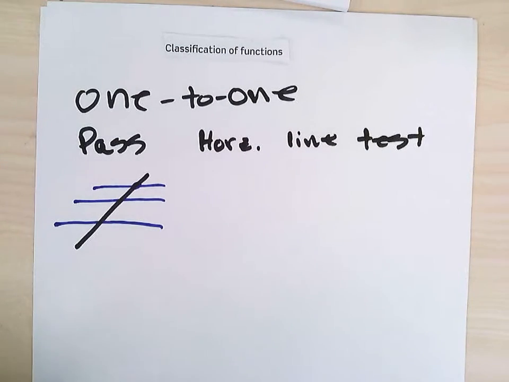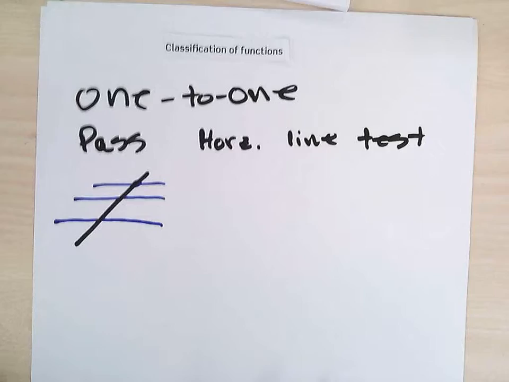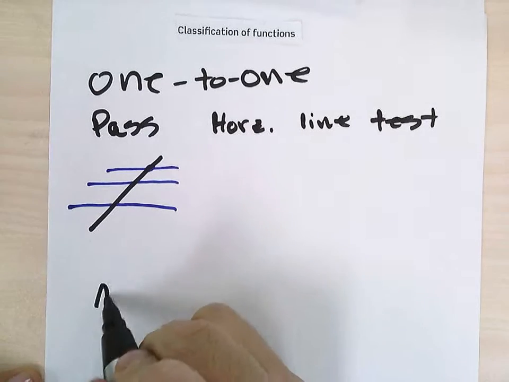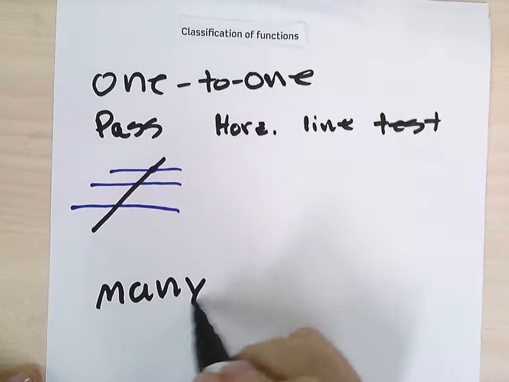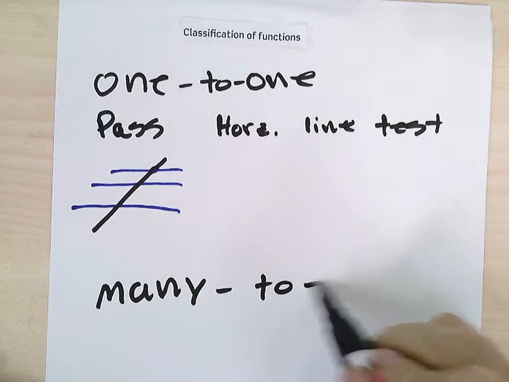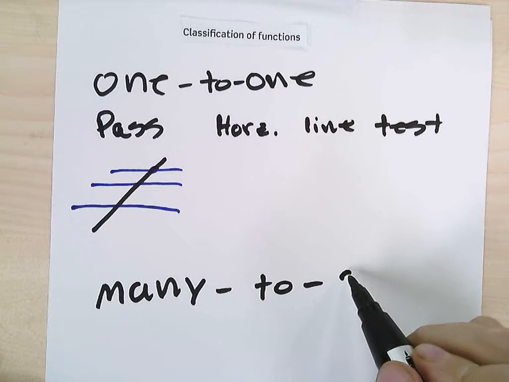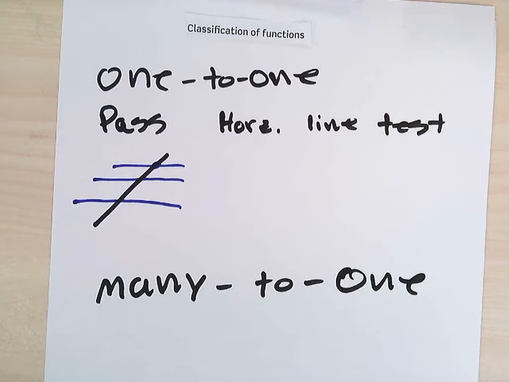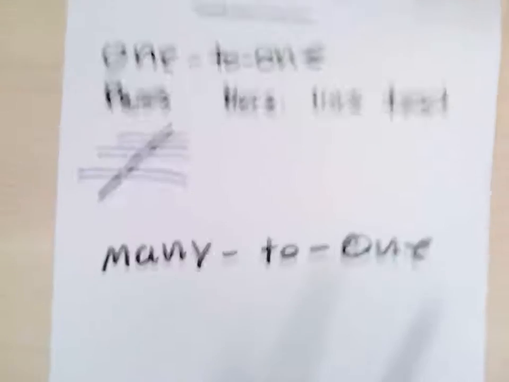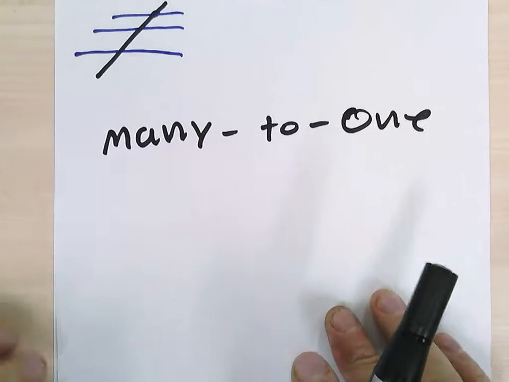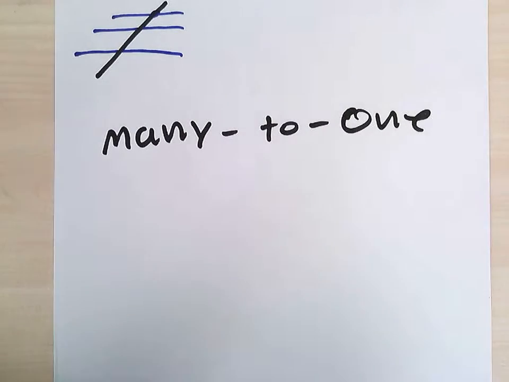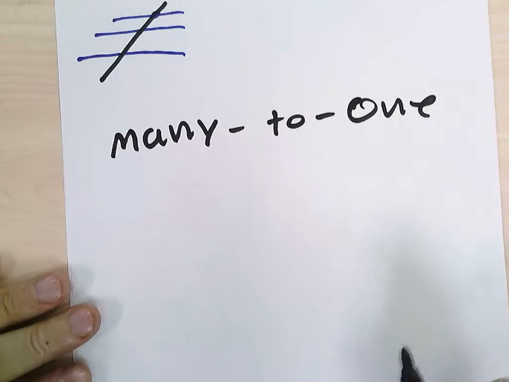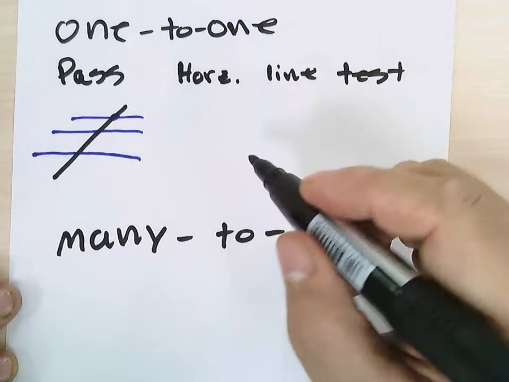Now, if something is what we call many-to-one, it's just something that does not pass the horizontal line test. So I guess I could draw a few more for a one-to-one.